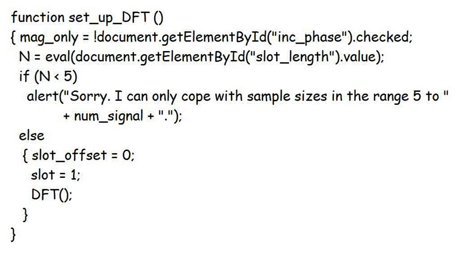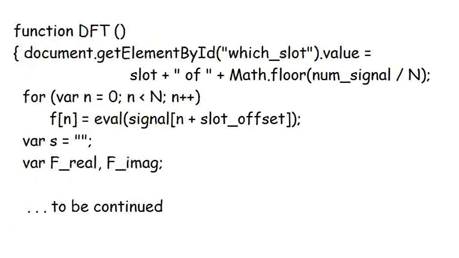It sets variable slot to 1 to indicate to the user that this is slot number 1 of however many it is, and slotOffset is set to 0 so that the program will read the first N samples from the signal. There is only one other function in the whole program, and it's a long one. Function DFT performs the actual calculations and writes the calculated values to the string result.